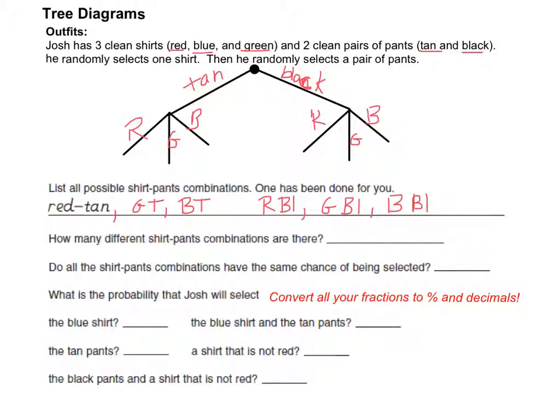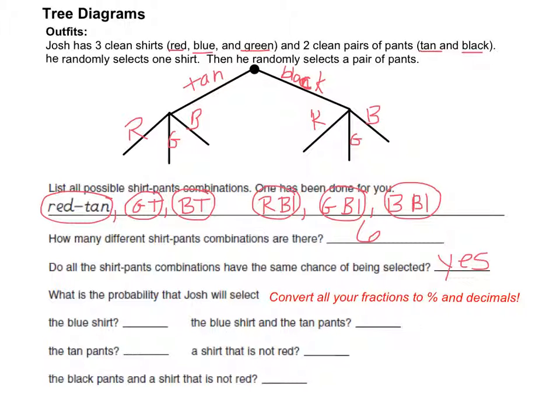So all in all, there were 1, 2, 3, 4, 5, 6 different outfit combinations. And since there aren't any repeats, they all had the same equal chances of being selected.